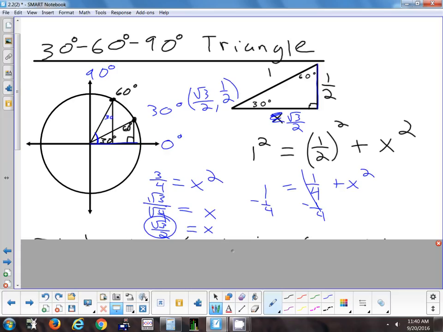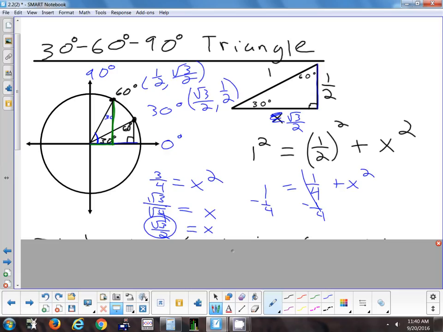So the coordinate for 60 is just 1/2, and then up square root 3 over 2. Same two numbers, just switch them. And the way you can remember which one goes where: 30 is the smallest angle, 1/2 is the smallest side.